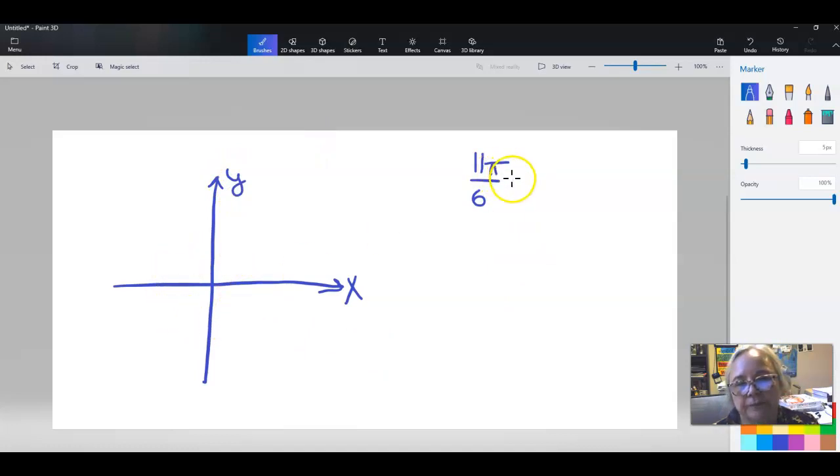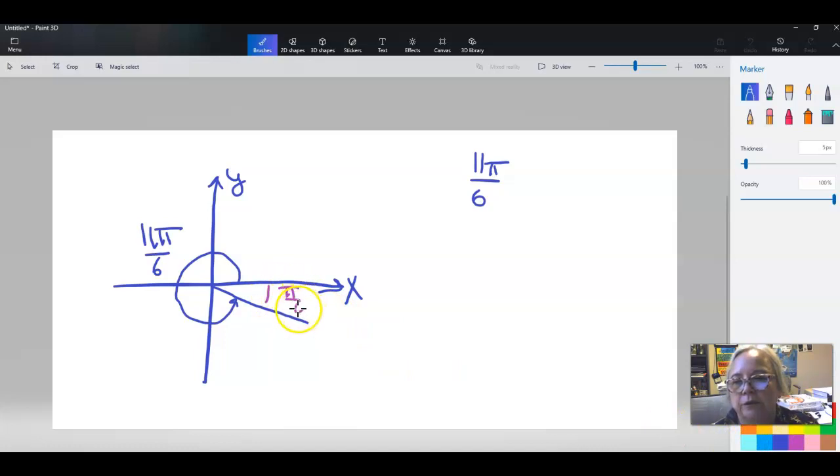But we are pi over 6 radians shy of one revolution. So this is the angle 11 pi over 6, and the reference angle here is pi over 6.